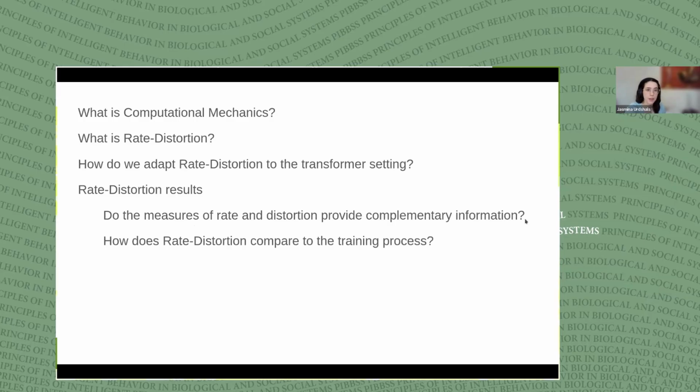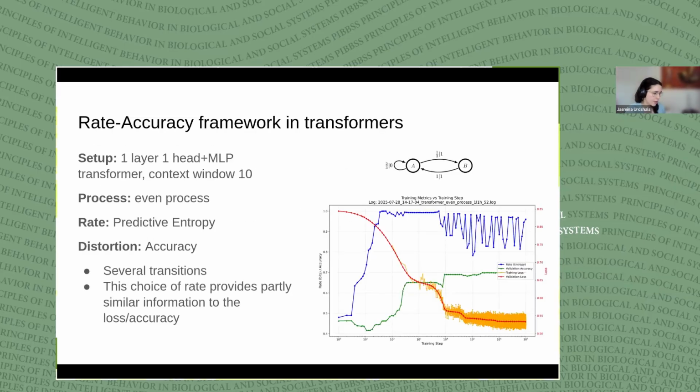Okay, so the setup that we chose to work with was a simple one layer, one head plus MLP transformer with a context window of 10. And we trained on the so-called even process, which you've seen a couple of times now and is defined by the simple hidden Markov model diagram. Distortion is the predictive accuracy as discussed before, and the rate we calculate by taking the predictive entropy over argmax predictions of the transformer.